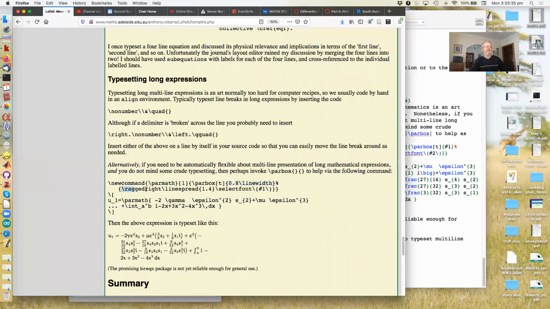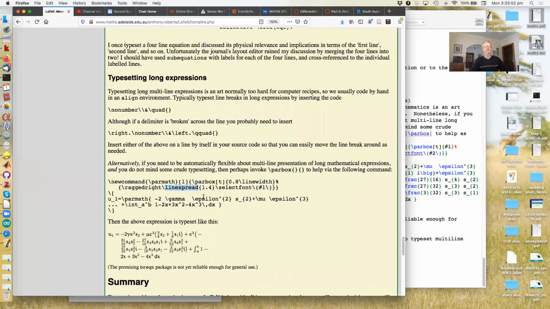And then typeset the argument of the parmath, there it is, inside a maths environment, but typeset it ragged right, and with a mysterious line spread of 1.4 to get the vertical spacing better. And a mysterious select font I'm not going to say any more about. And it gives this sort of result.